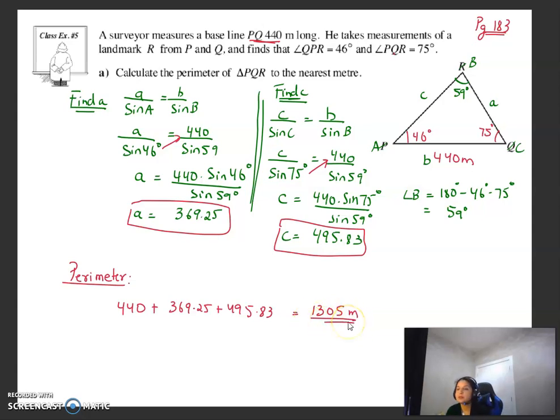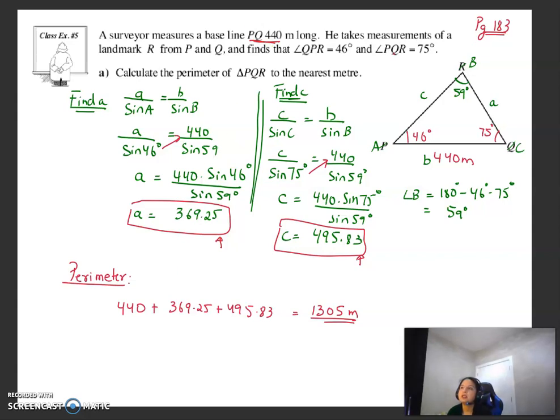So make sure you're not rounding too early, because if you round too early in your questions at this point, your answer here may be different. So try to keep as many decimal points as you can, and your answer will be pretty close to this one.